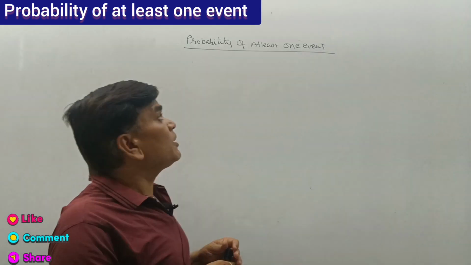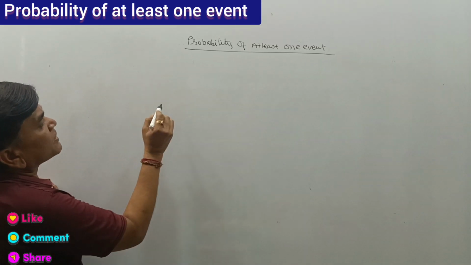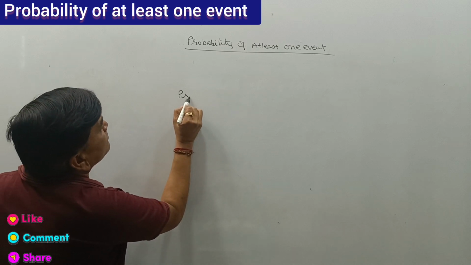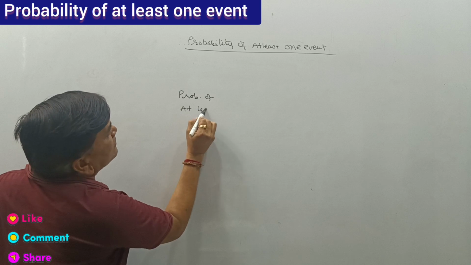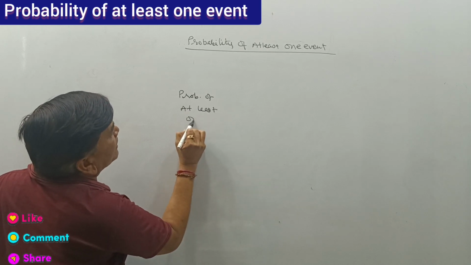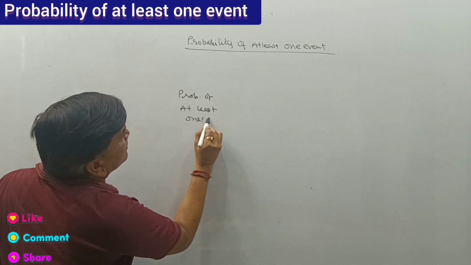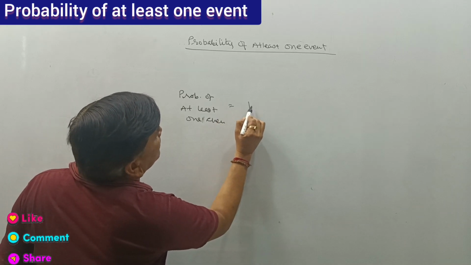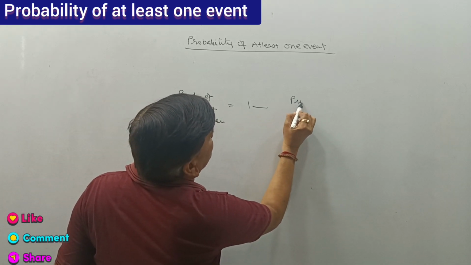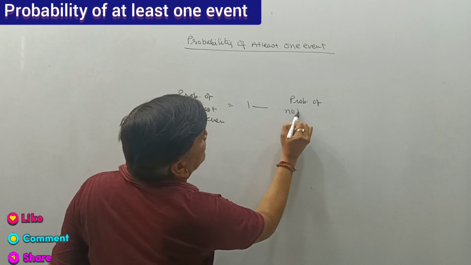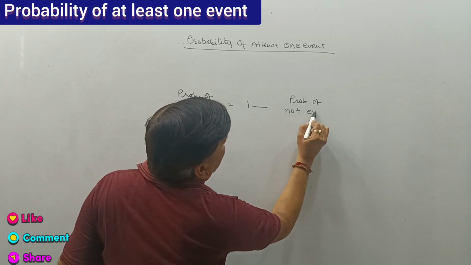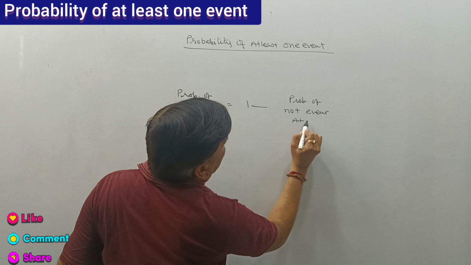So the probability of at least one event is 1 minus the probability of no event at all.